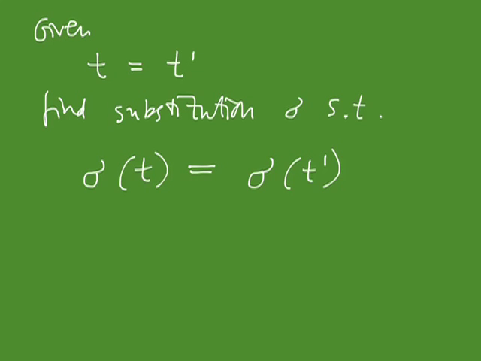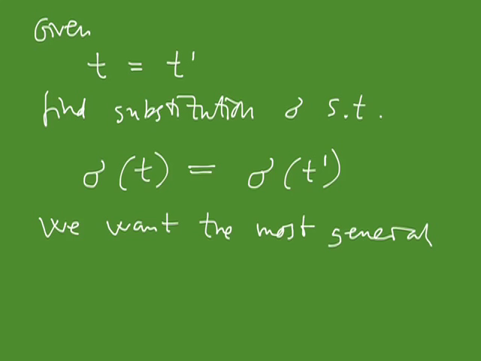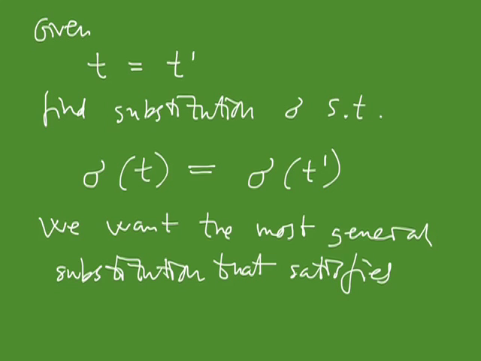And moreover, we don't just want any substitution, we want the most general such substitution. This is what we want. So, what does it mean to be the most general substitution? Let's settle that first.